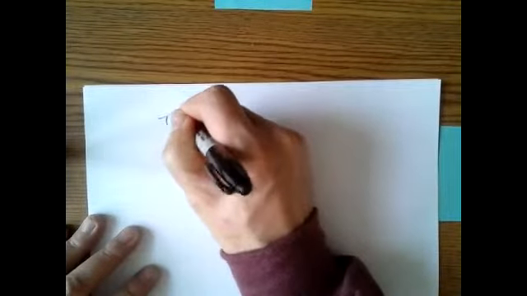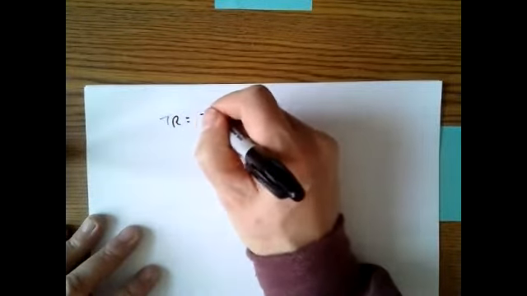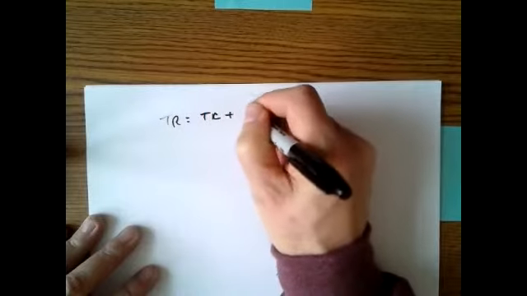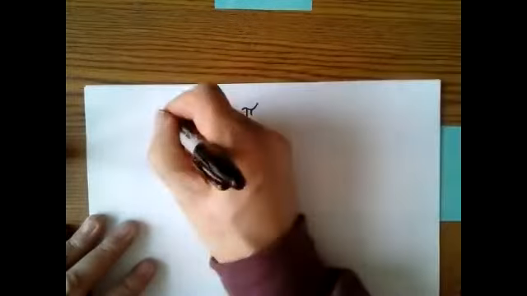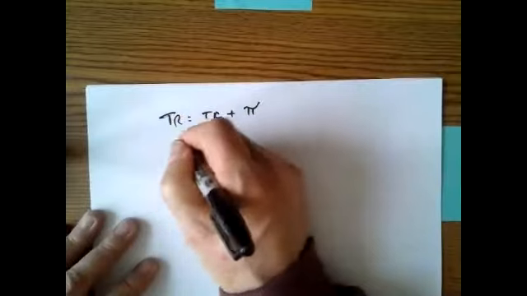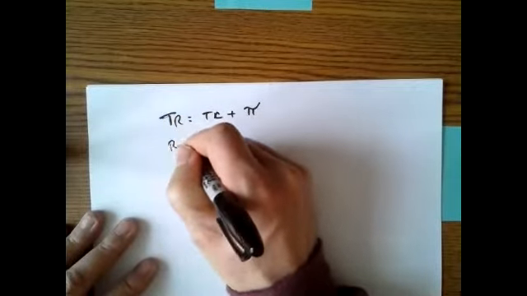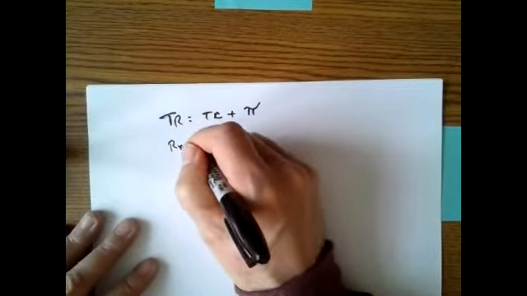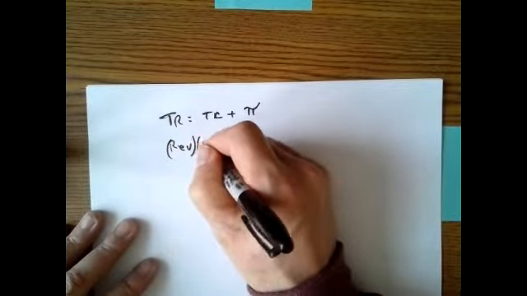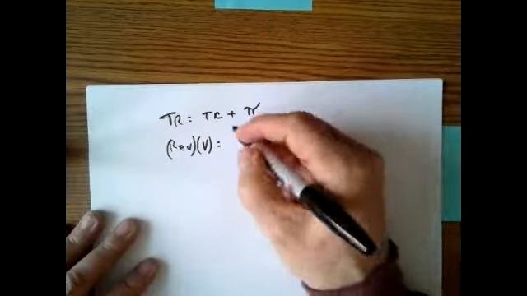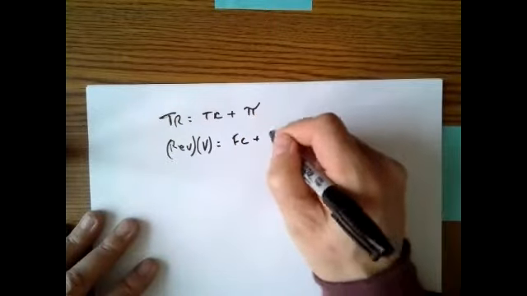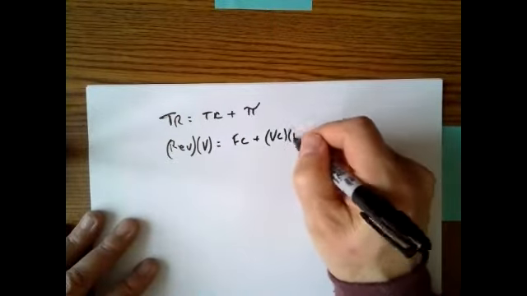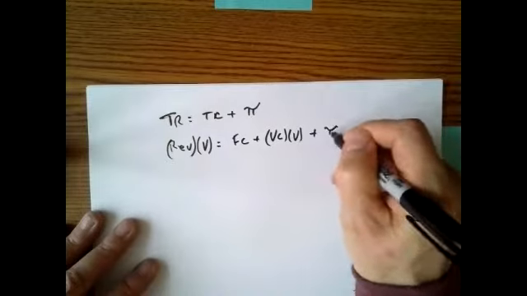So basically what we did was we took total revenue, which is revenue per visit times the number of visits, equal to the fixed cost plus the variable cost times the number of visits plus profit.